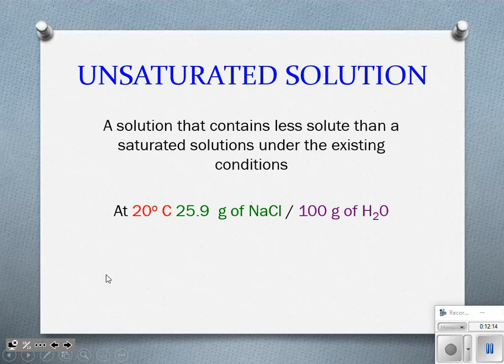Well, here, we've only got 25.9 grams. So, I could dissolve how much more in there? 10 grams, right? So this would be an unsaturated solution because I could still dissolve more into that particular solution.